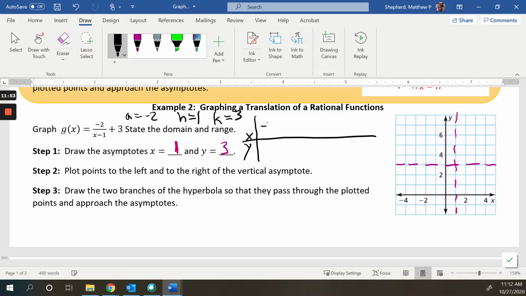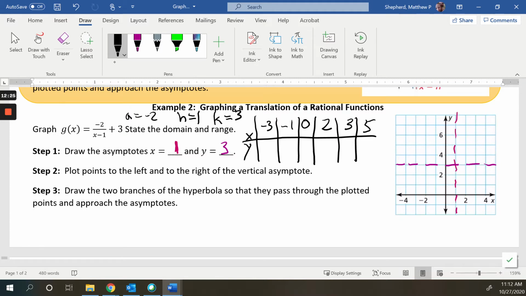I'm going to pick -3, -1, and 0. It doesn't have to be these. You can pick any number. I chose these because I think they give us a nice appearance, but if you chose different numbers, this still works. Now we need some to the right of 1. So I'll go 2, 3, and 5.